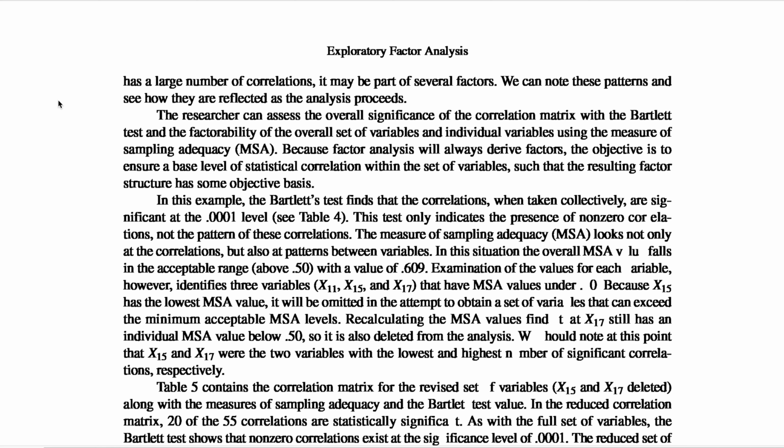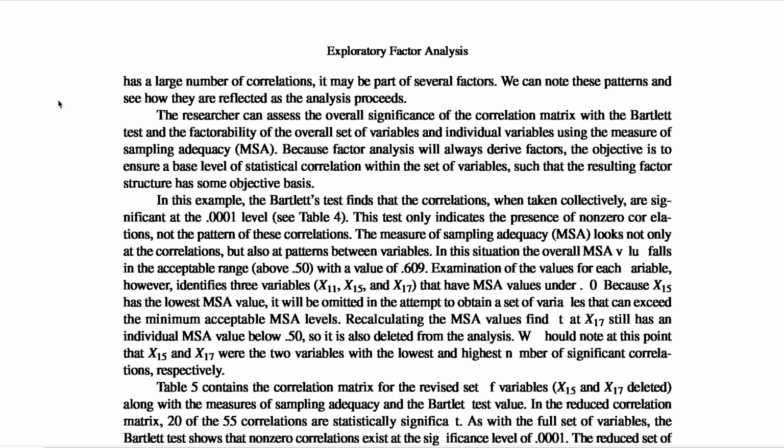The researcher can assess the overall significance of the correlation matrix with the Bartlett test, and the factorability of the overall set of variables and the individual variables using the measure of sampling adequacy, or MSA. We do this because factor analysis will always derive factors, and the objective is to ensure a base level of statistical correlation within the set of variables, such that the resulting factor structure has some objective basis.